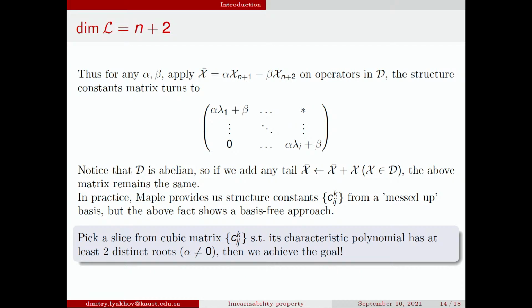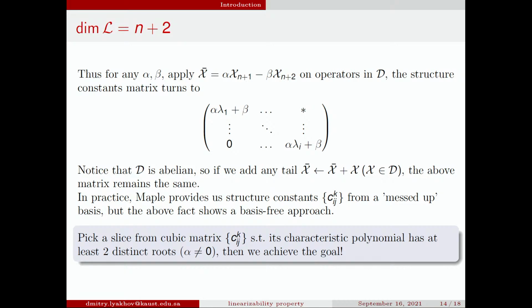Which means the basis we actually have for the algorithm does not look as concise as we said before. But luckily, since they are still a basis, they are just multiplied by some non-singular matrix, and similar matrices have the same characteristic polynomial.